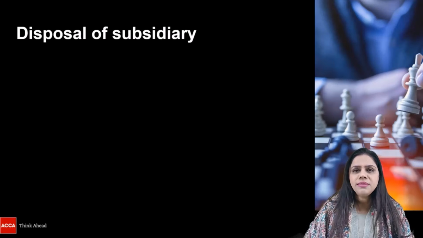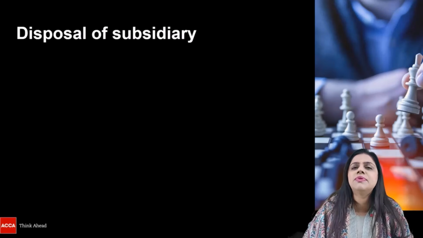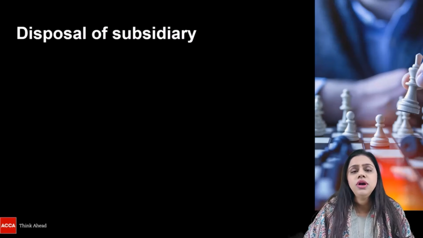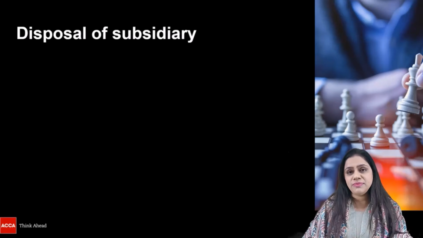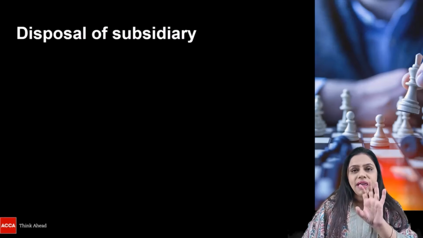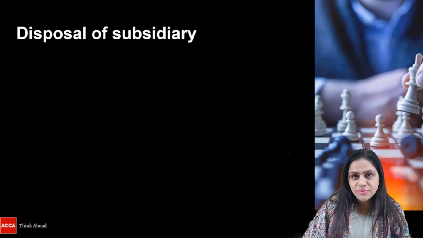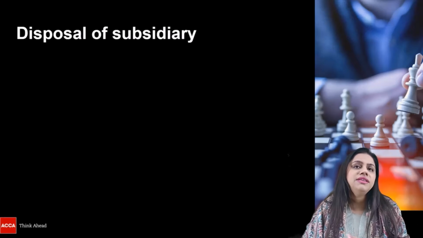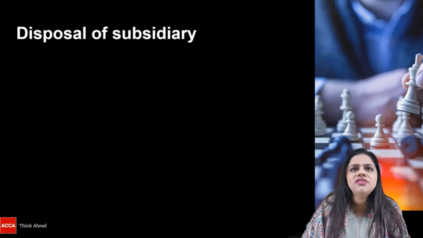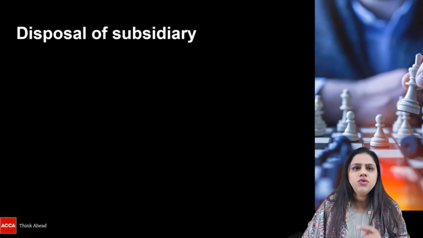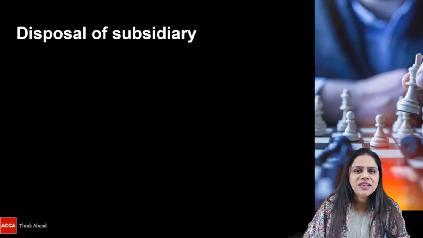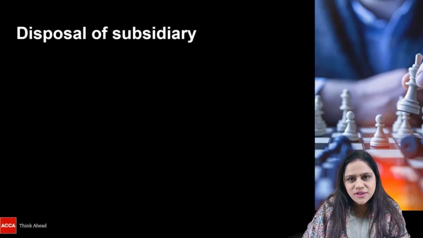In the broader umbrella, this is also an investment that we had made. When you talk about investment in any other company, in the consolidated financial statements they are called subsidiaries. However, in the individual financial statements, they are still referred to as investments. So this is the disposal of investment, but the key area that is tested in your exam is the disposal of subsidiary.